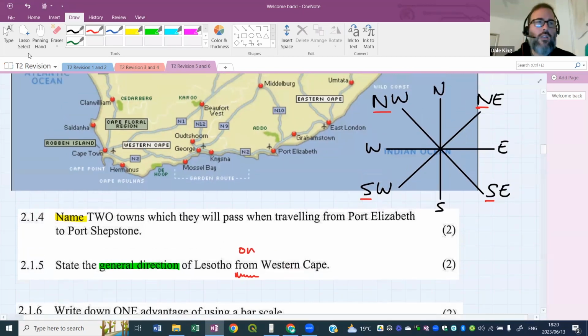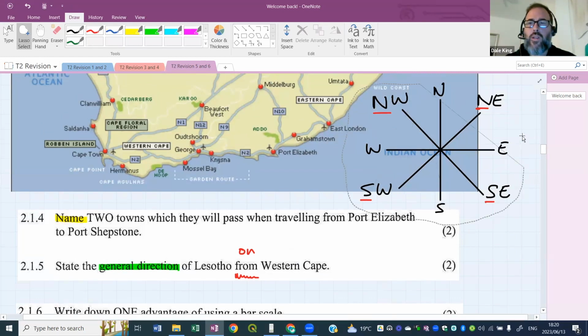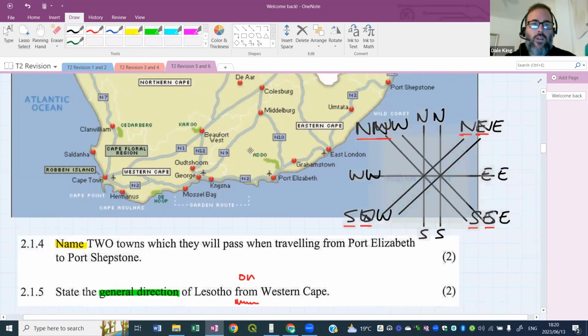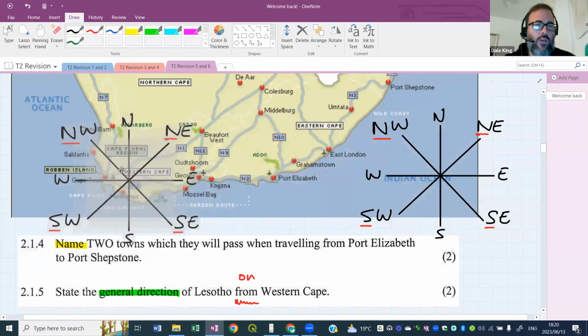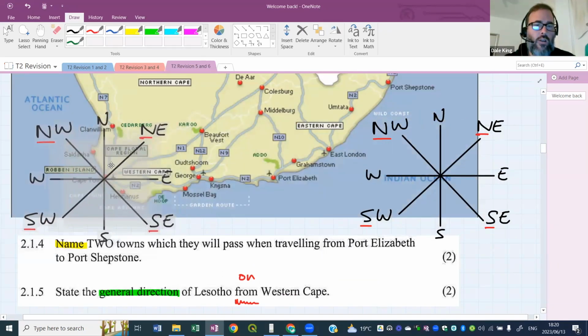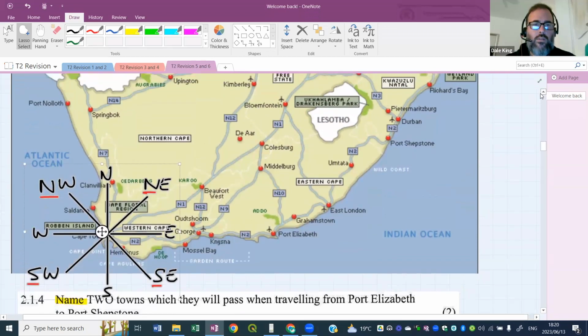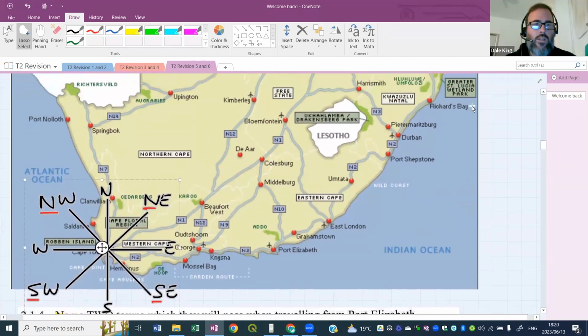So when you see the word from, you're thinking of putting your compass on the Western Cape. Okay, so I need to take my compass now. You can draw an imaginary one in the exam on your map if you need to, or you can have just a general idea. So we put our compass here on the Western Cape. In fact, the Western Cape is a whole province.